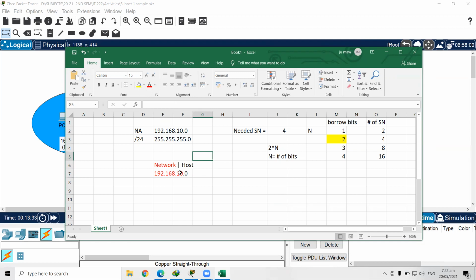Yung naka-black is the host portion. Next is convert now 0, the host portion, to binary. So that is network binary. So this is 8 bits. 1, 2, 3, 4, 5, 6, 7, 8.